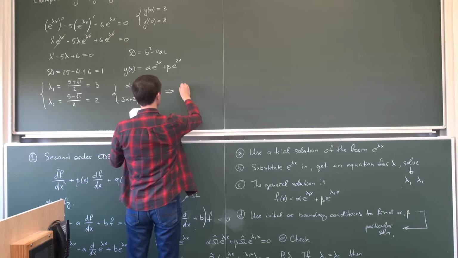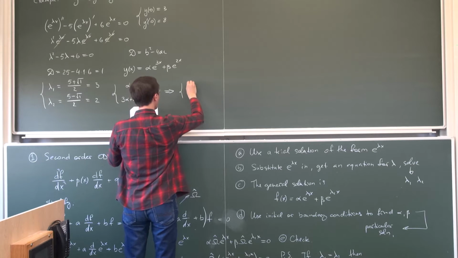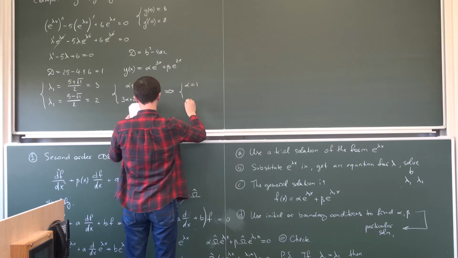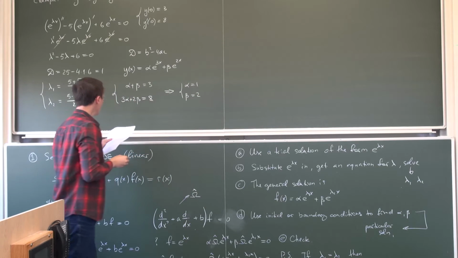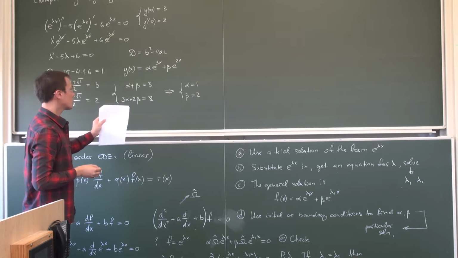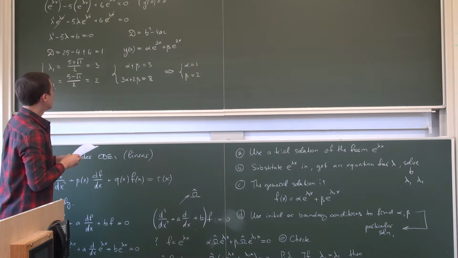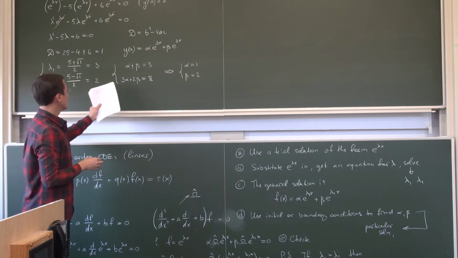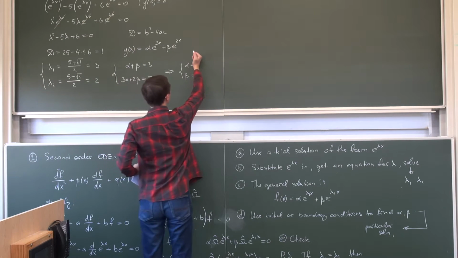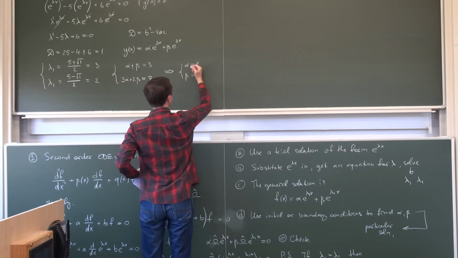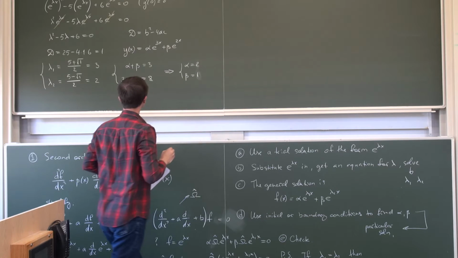And that tells us that alpha is 1 and beta is 2. I think that works. And does it? What's the other way around? Alpha is 2 and beta is 1.